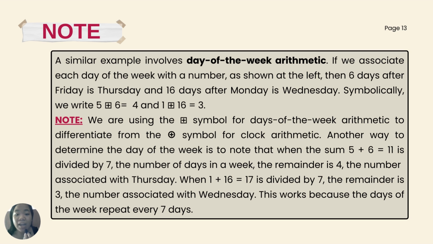That remainder is our answer. So 5 plus 6 was 11, 11 divided by 7, and our remainder is 4. What is the equivalent of the number 4? Thursday. Very good. It is the same with this equation: 1 plus 16 is equal to 17, and then we divide 17 by 7.